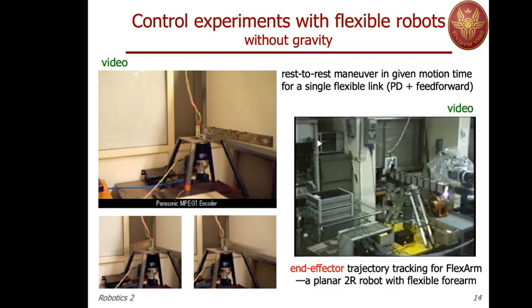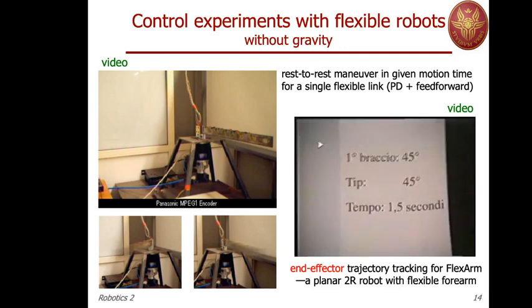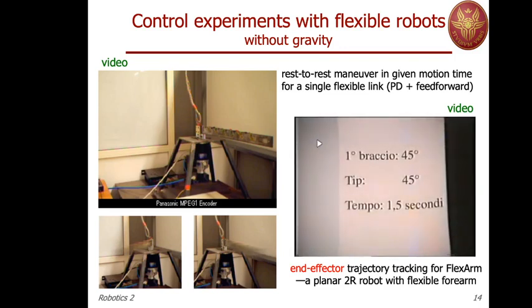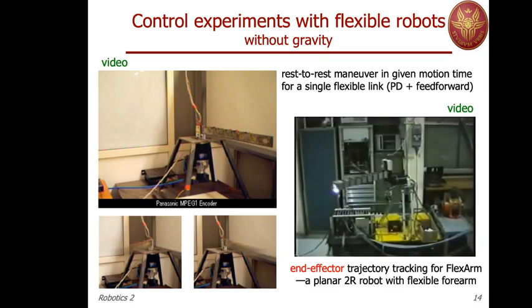And you can see here a special control law which allows the tracking of a desired trajectory for the end effector of this flexible arm in planar motion. The motion is 45 degrees for the first link and 45 degrees for the second link, and you see that we realize, after some final transient, the desired configuration.